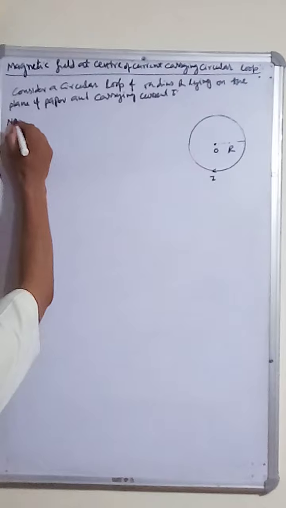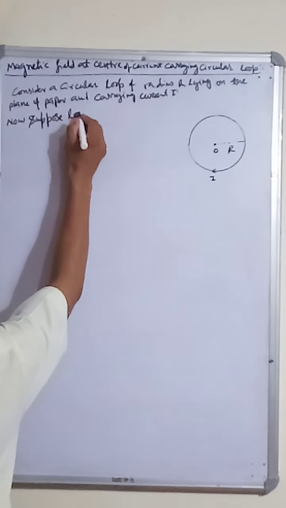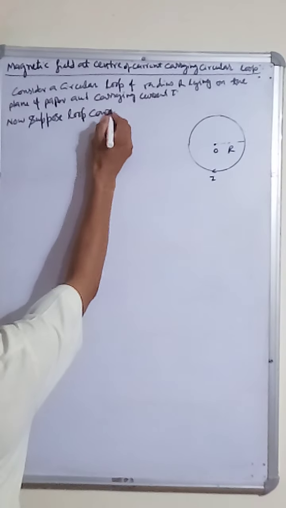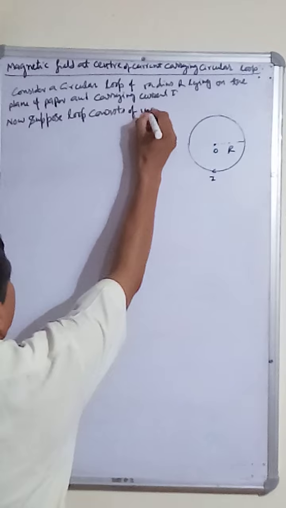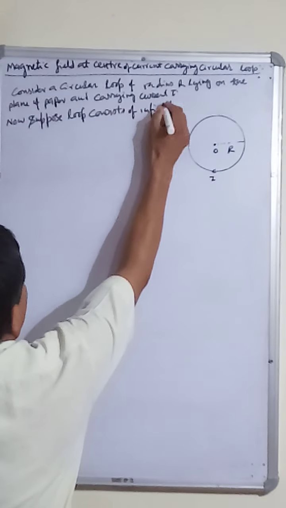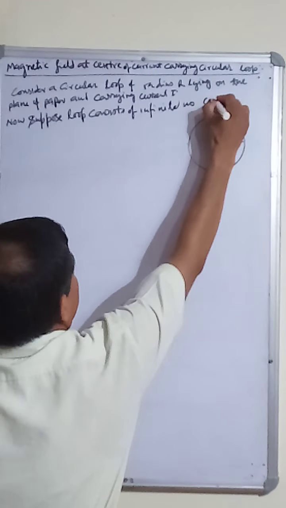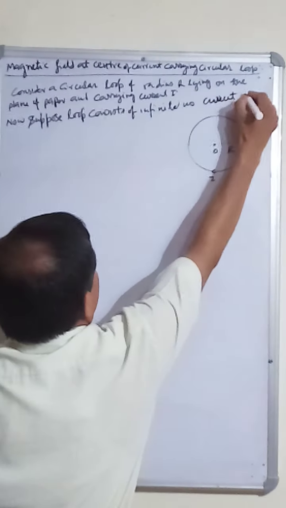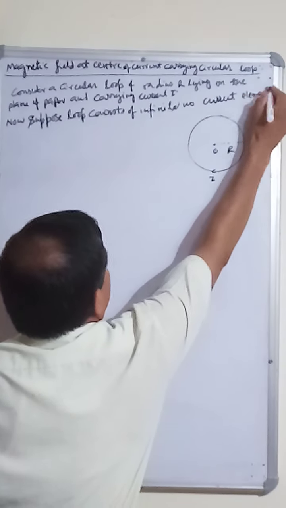Now suppose the loop consists of an infinite number of current elements.